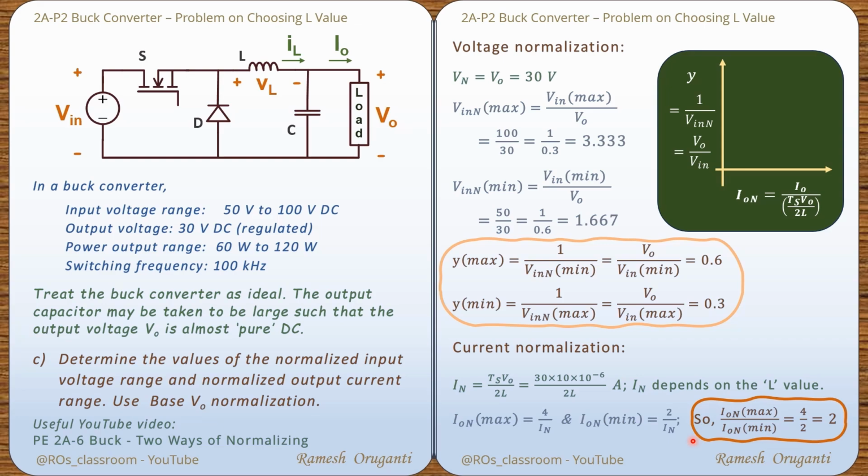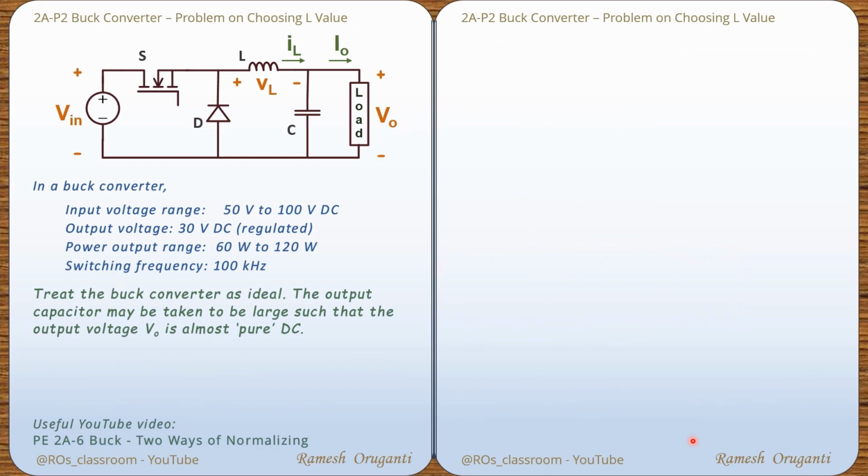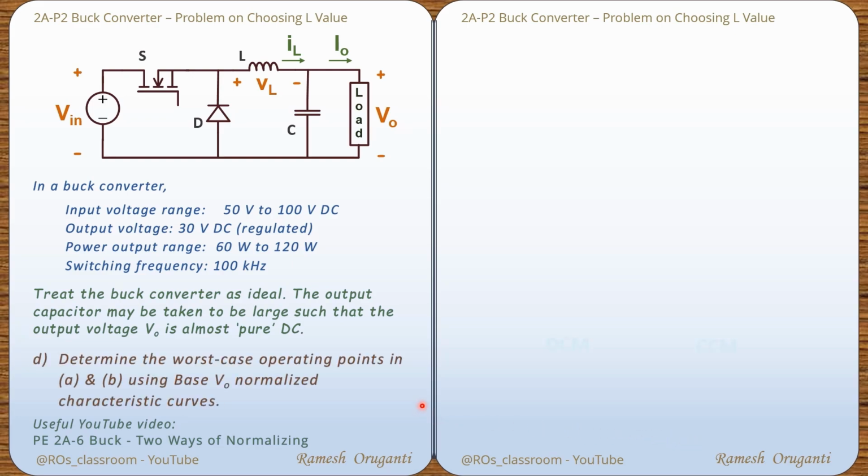We will use these normalized voltages and currents to redo parts A and B on the characteristic curves. So next we will do part D. Determine the worst case operating points in A and B once again using base V0 normalized characteristic curves this time.